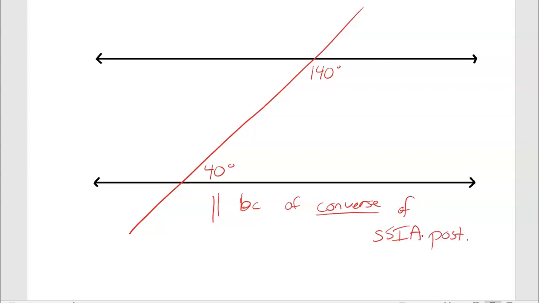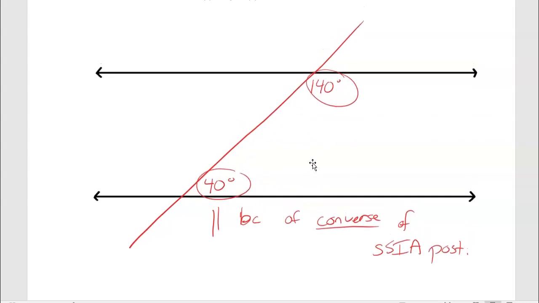Now you may have looked at AIAs, and then it would have been the converse of the AIA theorem. And AIAs, AEAs, and CAs would have had to be congruent. You would have measured it out with a protractor. If you did SSIAs, then they should have been supplementary. As I said, I'm just kind of making up these angles knowing what they should be. They should be supplementary, and I picked two numbers that would be supplementary. So hopefully that made sense.